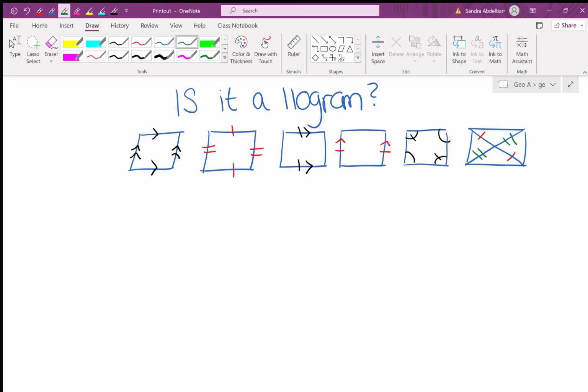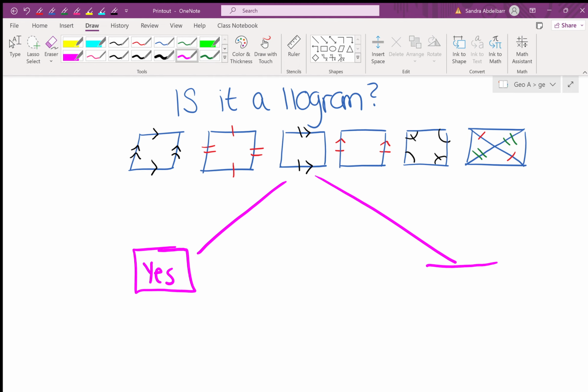Those are the 5 ways of proving a parallelogram. So you would need to show one. We would need to be able to see one of these 5 ways, okay? So our options, if it's a parallelogram, we can have a yes or we can have a no. All right, let's go to the yes.